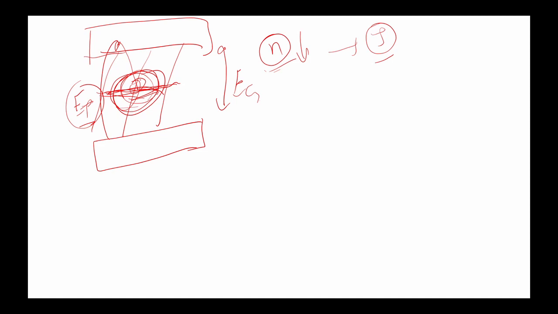In some devices like memory stores, we deliberately create these traps, as the functioning of that device is different from FETs, LEDs, and solar cells.